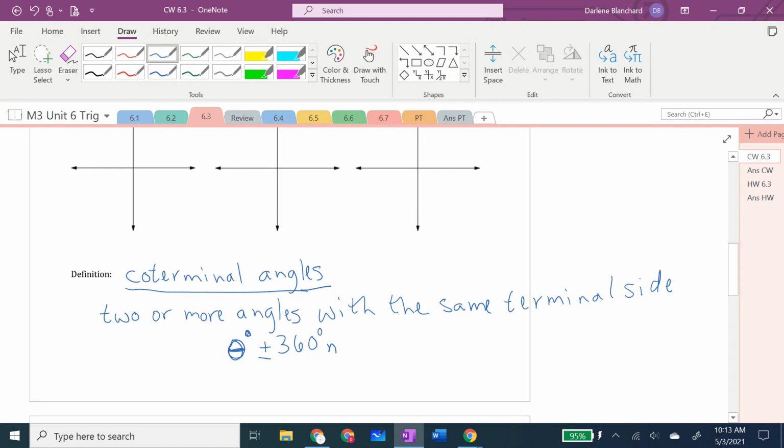So if n is representing integers, then I don't even need to write the minus sign, but I'll leave it there just to emphasize that it can be plus or minus, where n represents integers.